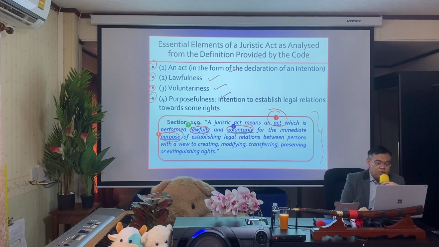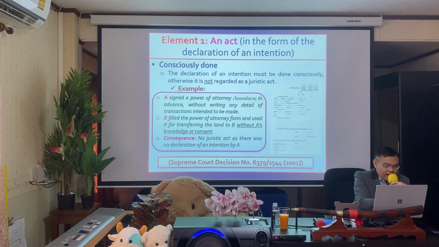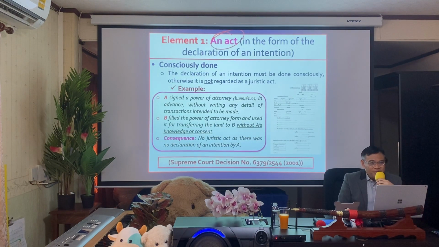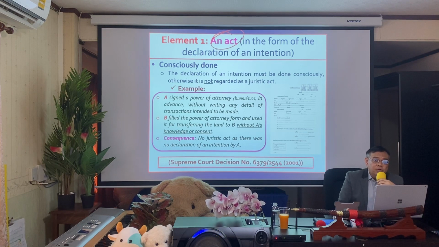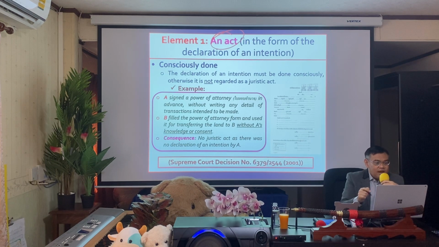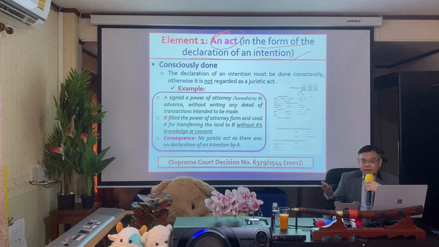Now we have a look at each element in detail, first the one: an act. In order for a Juristic Act to be made, of course, we need to have first an act in the form of the declaration of an intention. Let's say that I am going to make a contract with you.